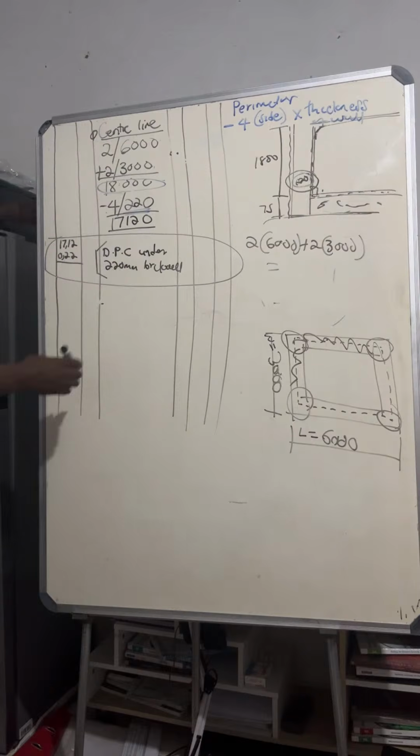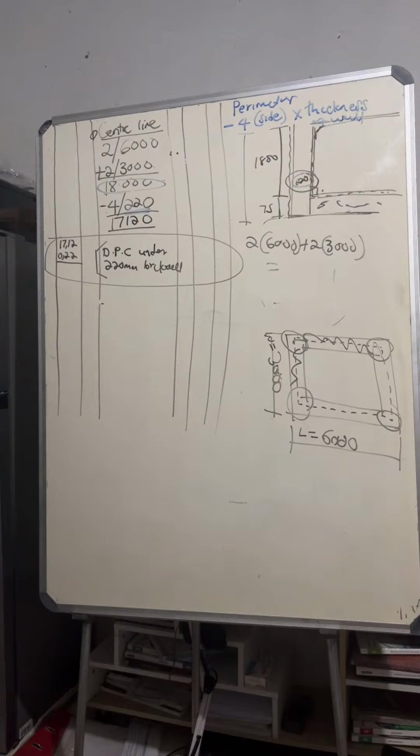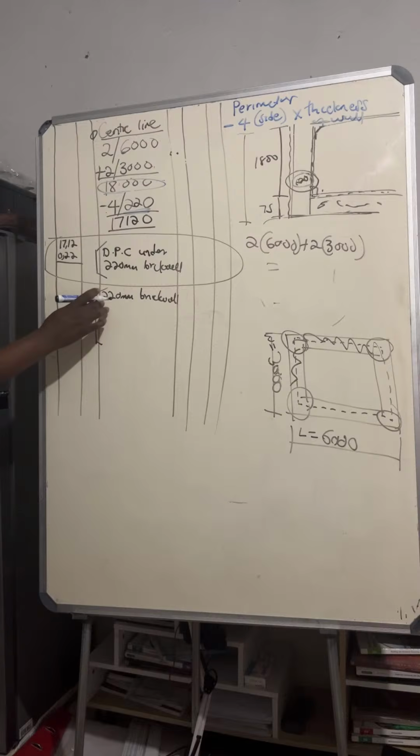Now, if the question says calculate the height of the brick wall, you calculate the total height of that. So now, I'm going to say measure the brick wall. When you measure the brick wall, you say 220 millimeters brick wall. Is it built in what bond, stuff like that?